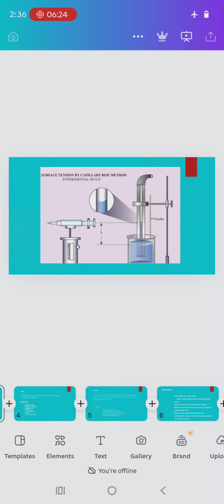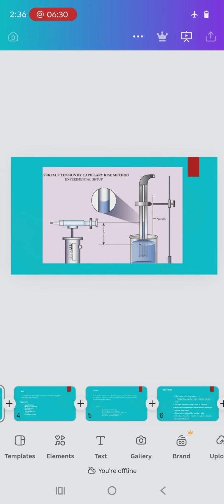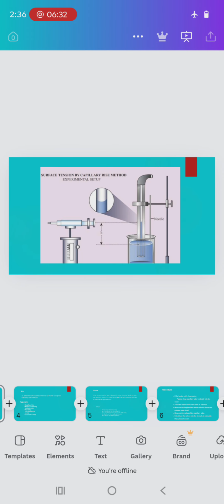Once again I repeat the procedure. Fill a beaker with clean water. Place a clean capillary tube vertically into the water. Allow the water level in the tube to stabilize. Then measure the radius of the capillary tube. Then finally substitute the values into the formula to calculate the surface tension.